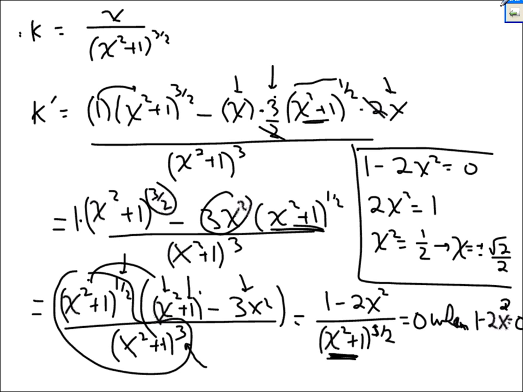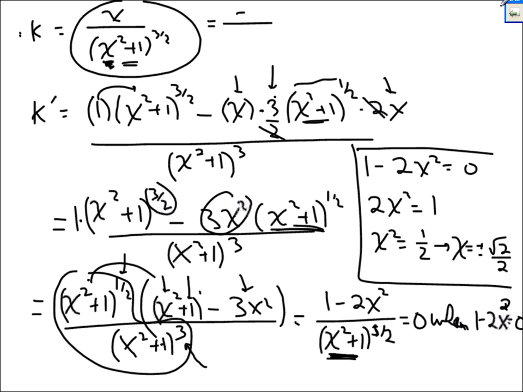Now, we want the max. If x is negative, let's go back to the very top. If x is negative, the numerator is negative. But the denominator is always positive. You square a number, you're going to get at least 0. You'll never get negative. When you add 1, you'll be positive.